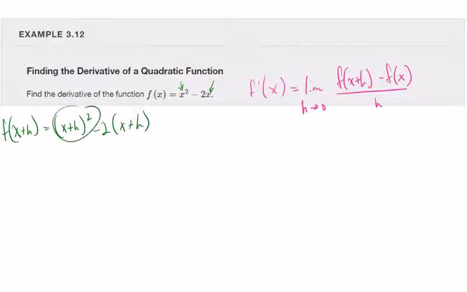So the shortcut works here, so that's going to be x squared plus 2xh plus h squared. And then when I distribute, I'm going to get negative 2x minus 2h.